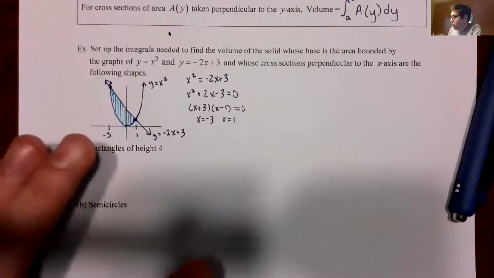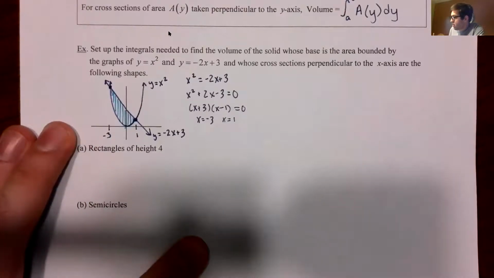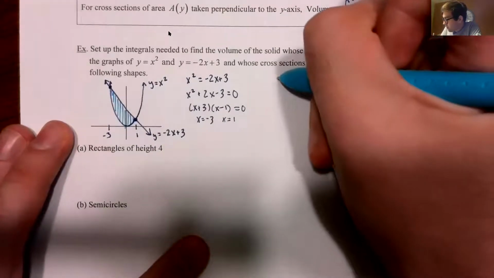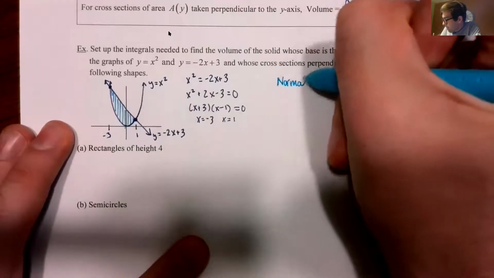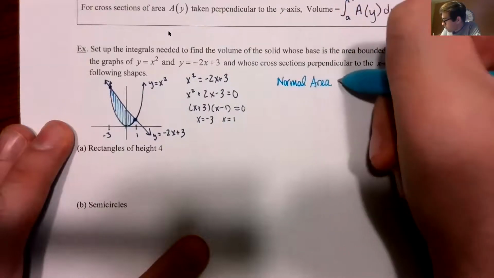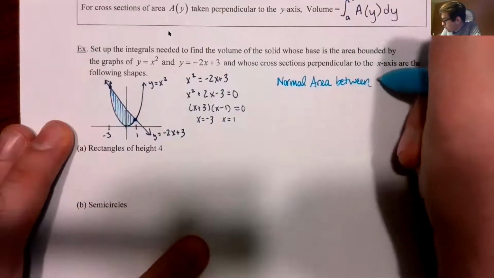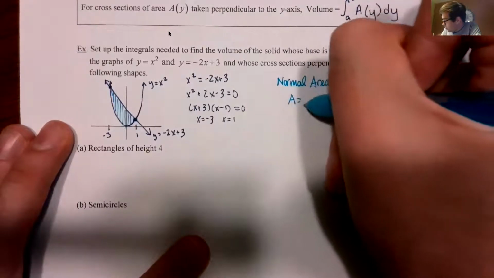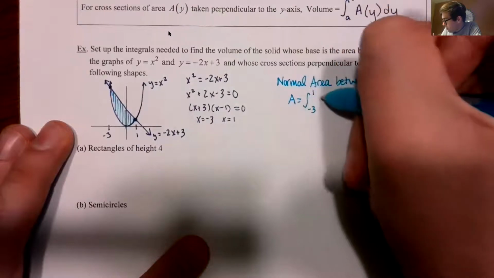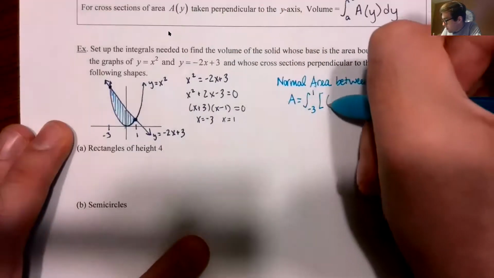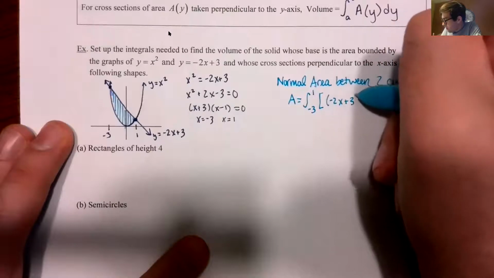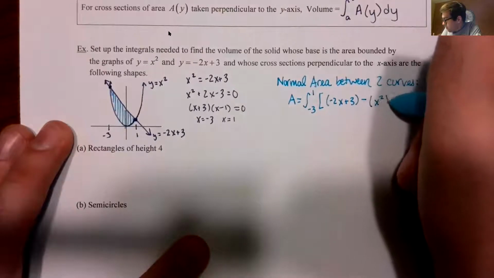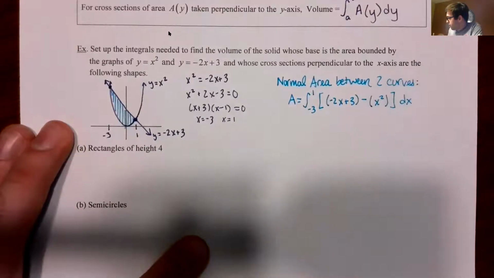Okay, so in a normal problem, if we were just finding the area between the two curves, what we would do is area equals the integral from negative 3 to 1 of the upper, which is negative 2x plus 3, minus the lower, which is x squared, dx, right?